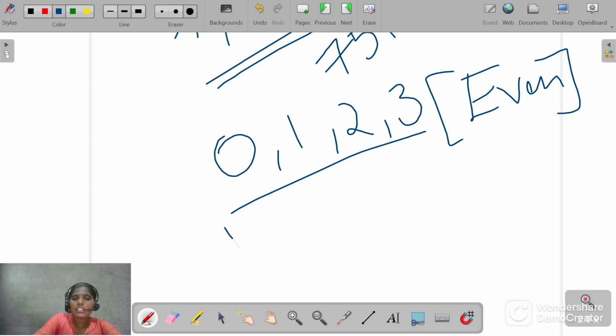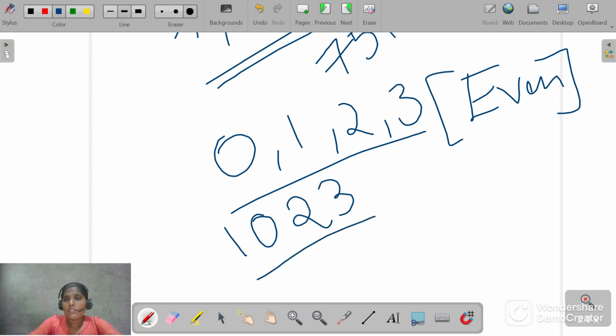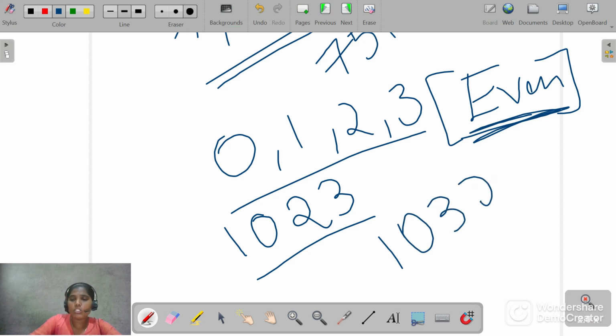So we are starting it with 1, again 0. We can write 2, 3 will be the smallest, but one particular condition is there, that the number we are writing should be an even number. So that is why the answer will be 1032 instead of 1023.